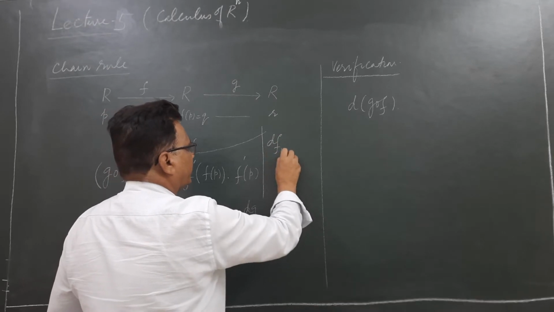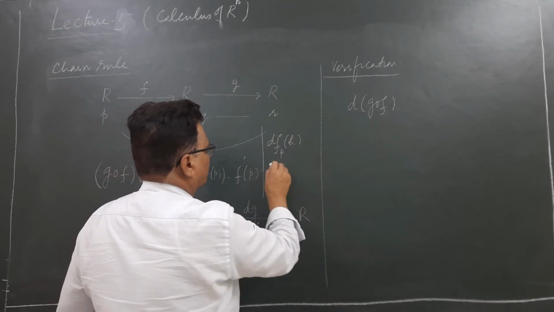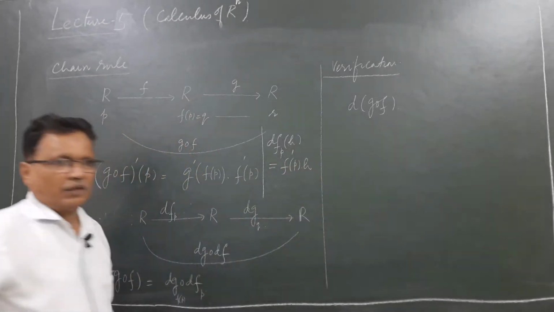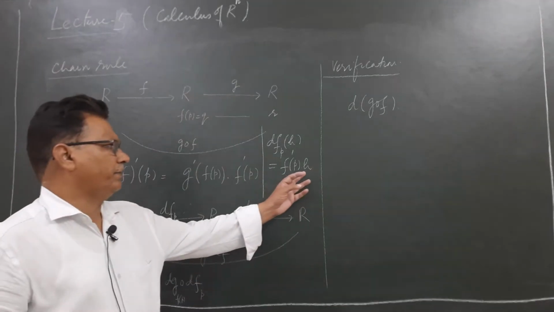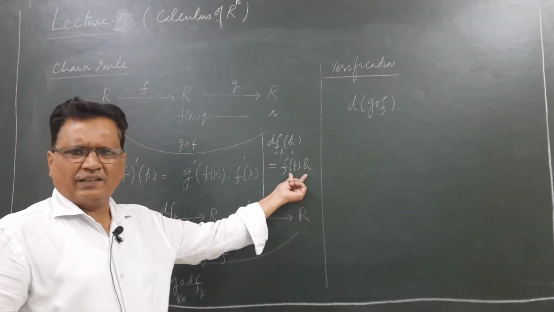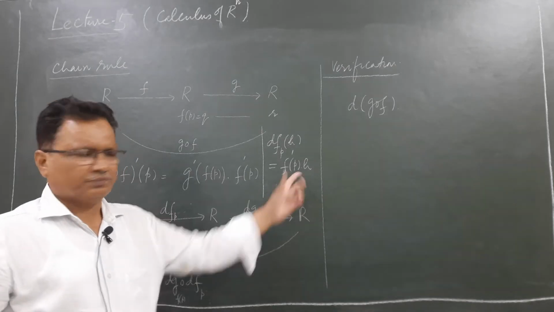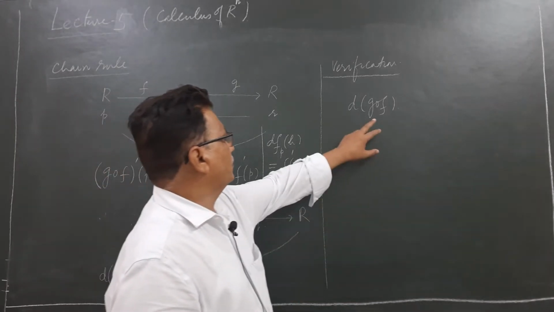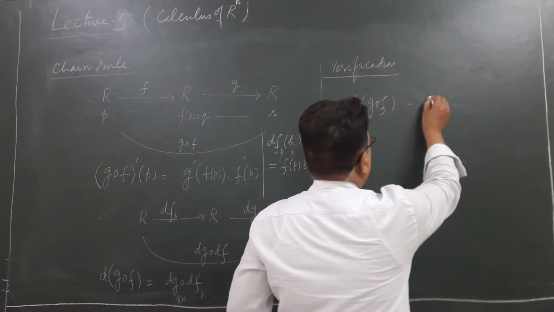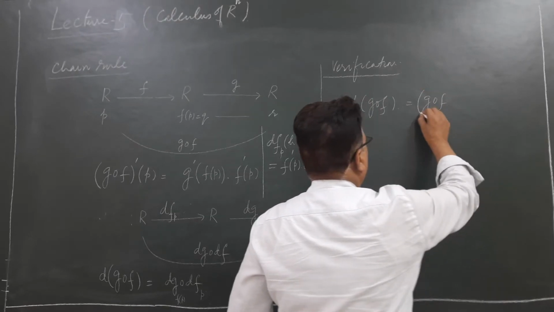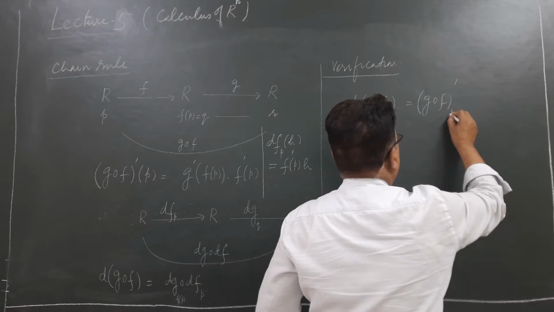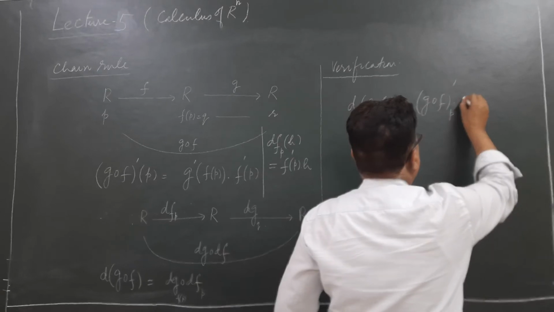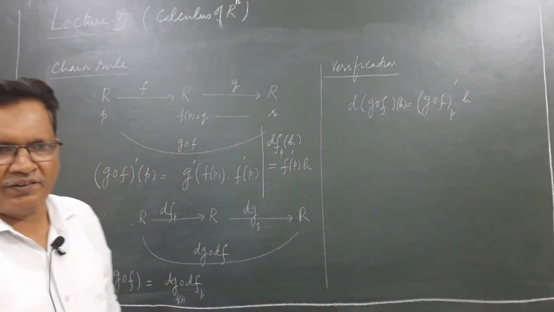df at a point P operating on h is given by f dash P into h. In one variable case, f dash P and h both are real numbers, and this is the simple product of two real numbers. So, here there is no problem of matrices, etc. Let me apply this rule over here. It will be (g composition f) dash at the point P into h, by definition of the differential.